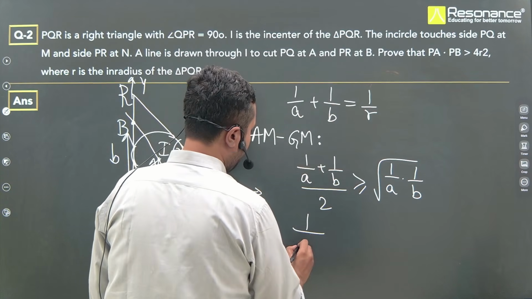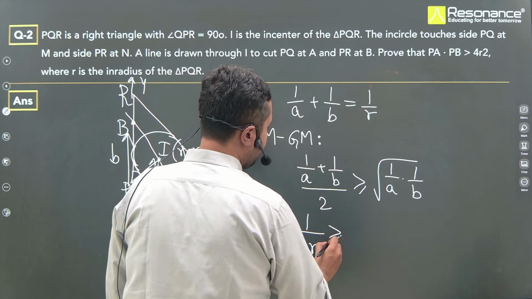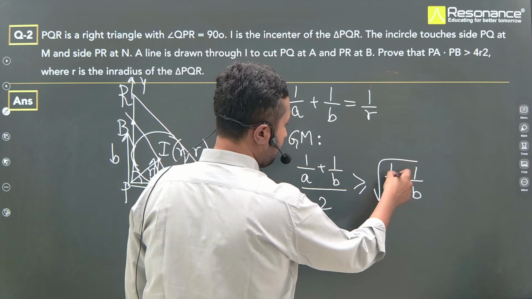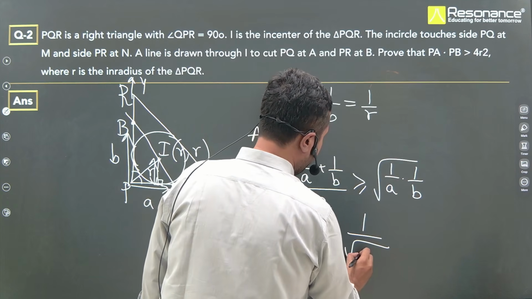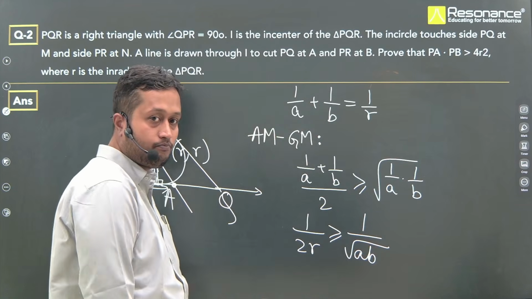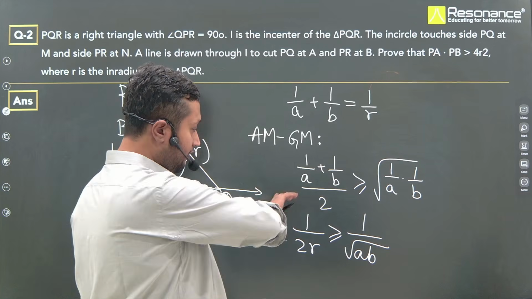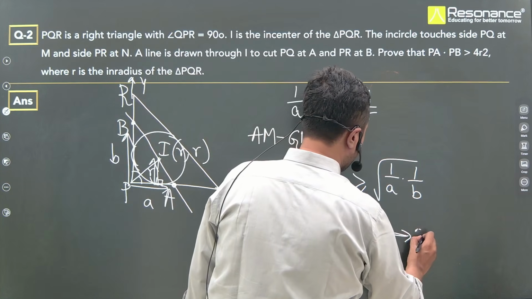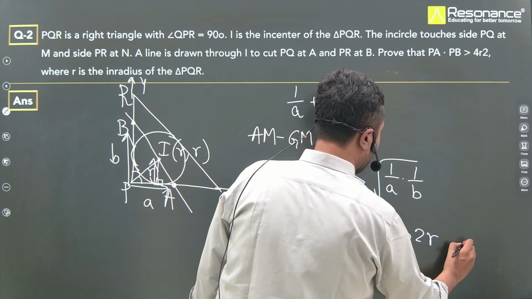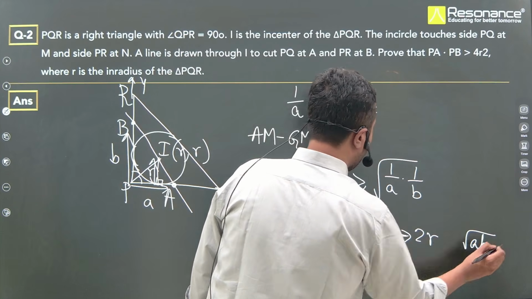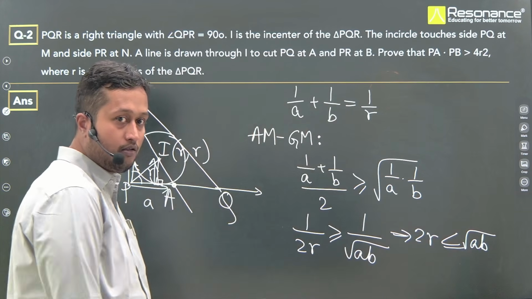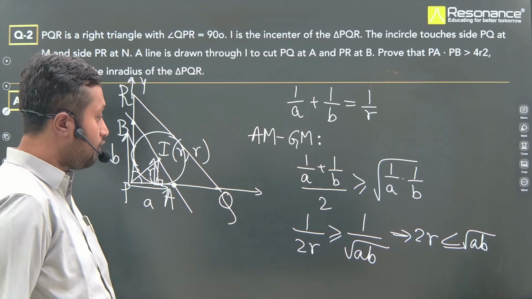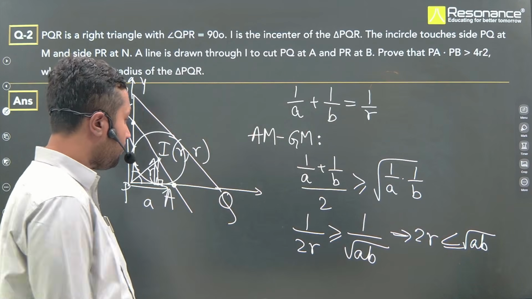So you have 1 by 2r is greater than or equal to the square root of 1 by ab, which is 1 by square root of ab. If you take the reciprocals, the inequality will flip.